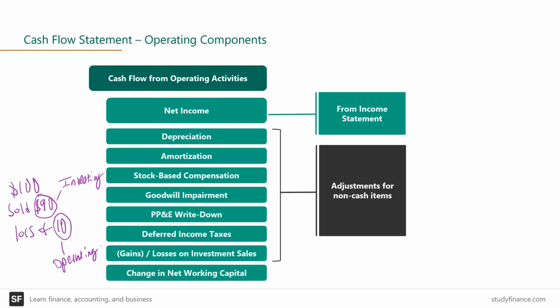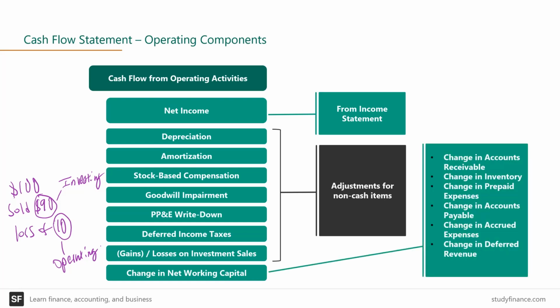Okay, the last item here is change in net working capital, and it factors in changes in operational balance sheet items during the period. These operational balance sheet items include changes in accounts receivable, change in inventory, change in prepaid expenses, change in accounts payable, change in accrued expenses, and change in deferred revenue.